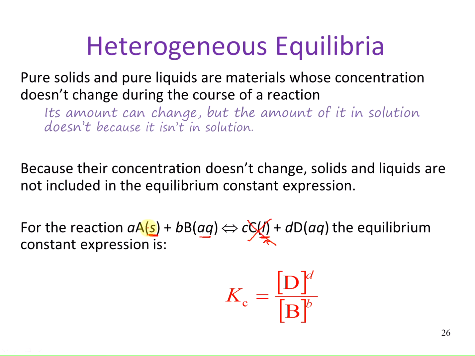And because the A is solid, it's pure, it's also not going to show up in the equilibrium constant expression. So we're still going to have the products over the reactants. And remember, don't forget to raise the concentration to the exponent relating to the coefficient in the balanced chemical equation.